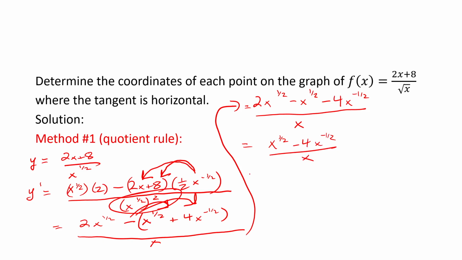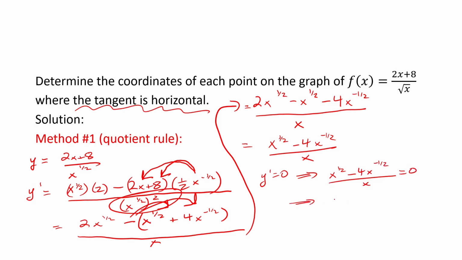Now, we want to know the coordinates of the points where the tangent is horizontal. So that means y prime is going to equal 0. So that means x to the 1/2 minus 4x to the negative 1/2 over x will equal 0.